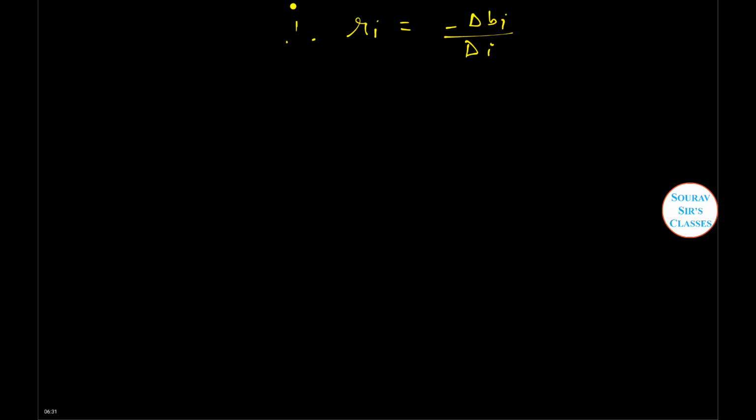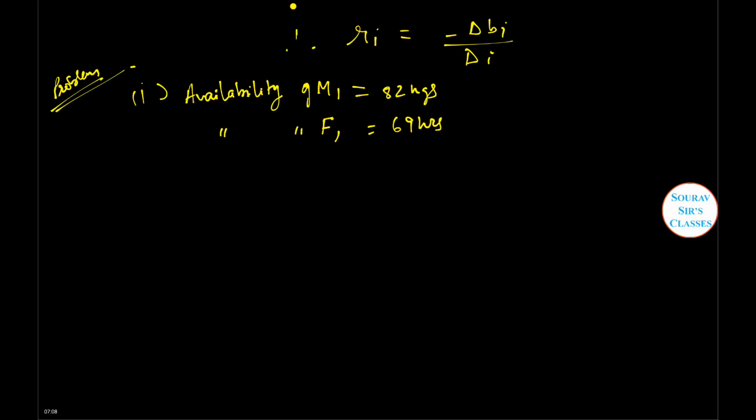Now students, we will do some more problems using the formulas which we derived above. Considering the same problem with the same data, examine whether the current basis remains optimal or not in each of the following cases. Case number 1: availability of M1 is 82 kgs and availability of F1 is 69 hours.